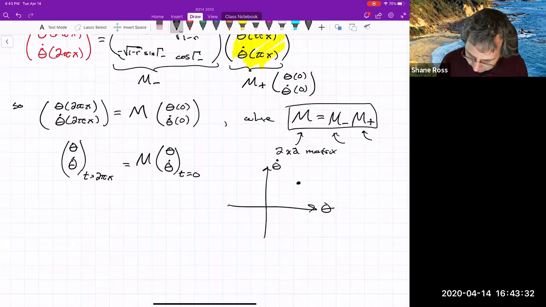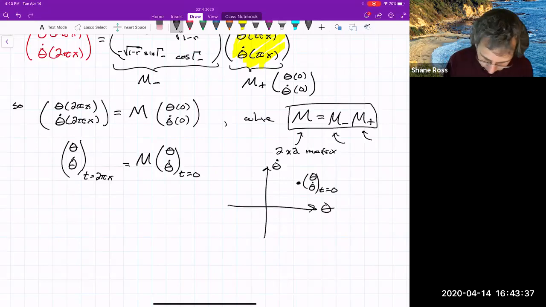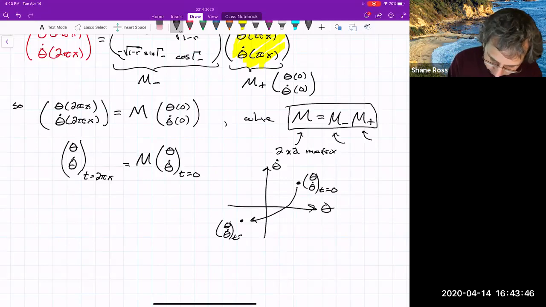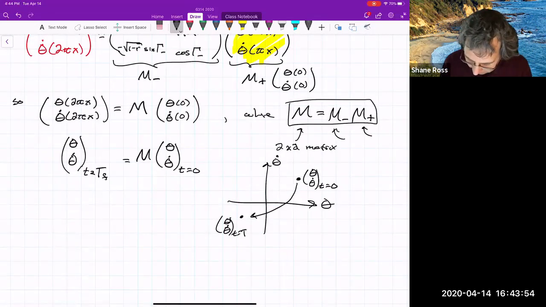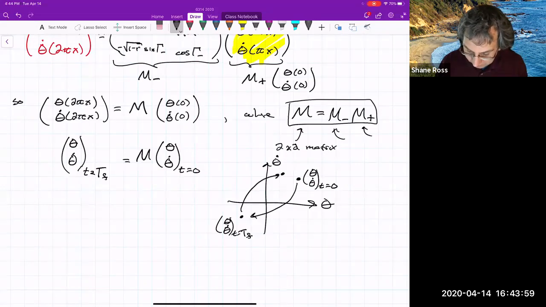And you start with some initial condition, and then this will get mapped somewhere after one forcing period. In fact, instead of 2 pi x, let's call this the period of forcing, capital T sub f. So this is after one period of the forcing, and then maybe after another period of the forcing, we're not back where we started, we're somewhere else. And so on. This just keeps on going.